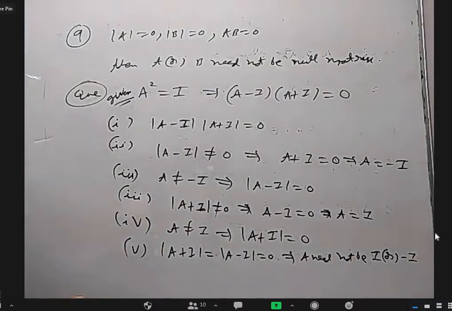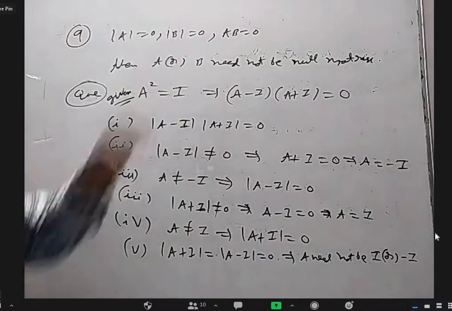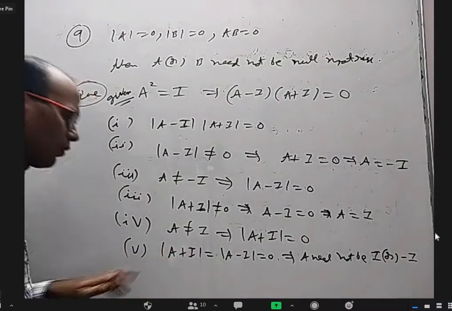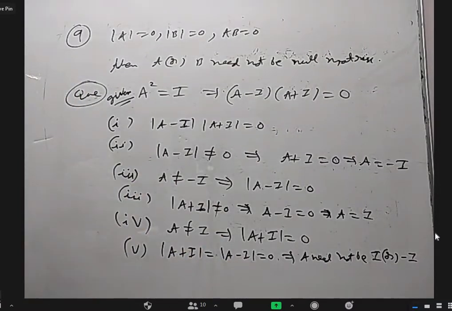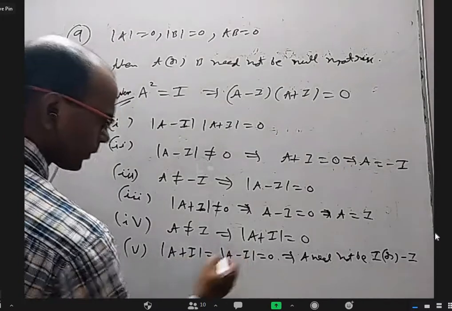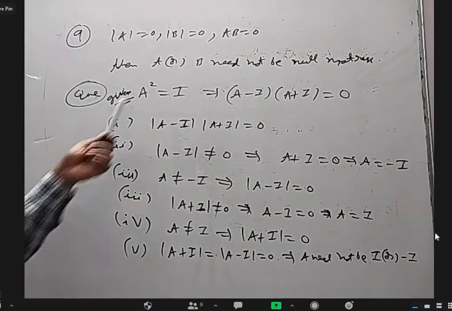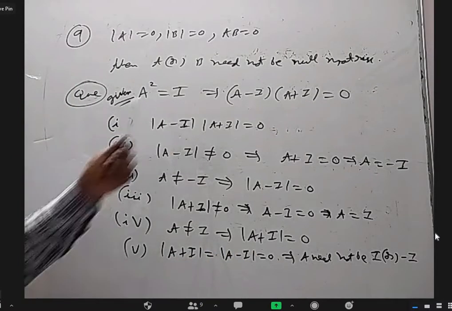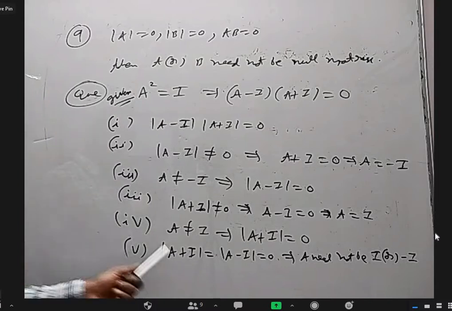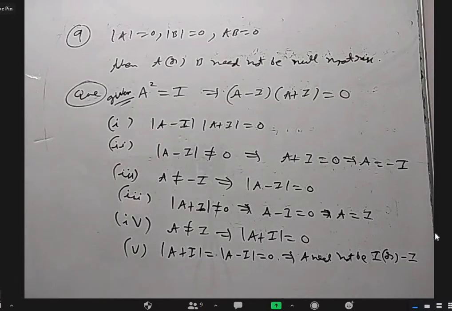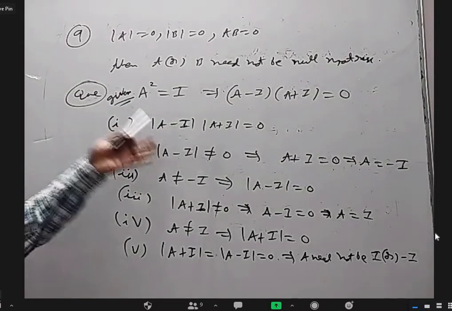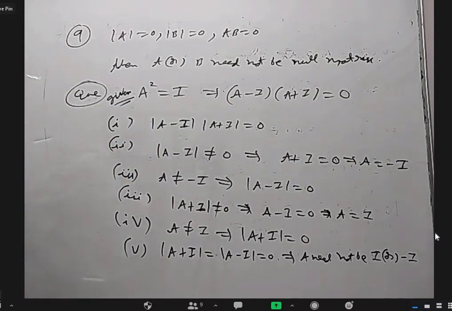There are a lot of other matrices where A square equals I. For all of them, det of (A plus I) and det of (A minus I) both are 0, not just one of them. I can give a lot of examples where the square of a matrix is the identity matrix, but for all of them, det of (A plus I) is 0 and also det of (A minus I) is 0. This is a consequence of what we discussed.